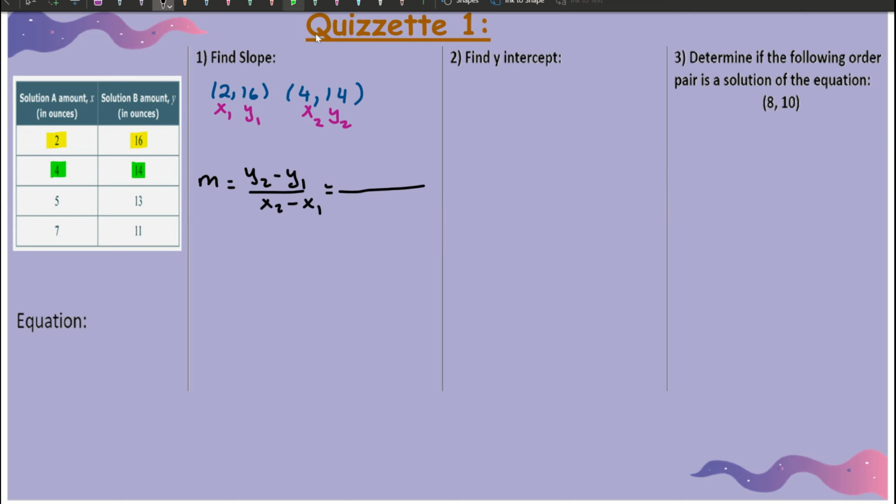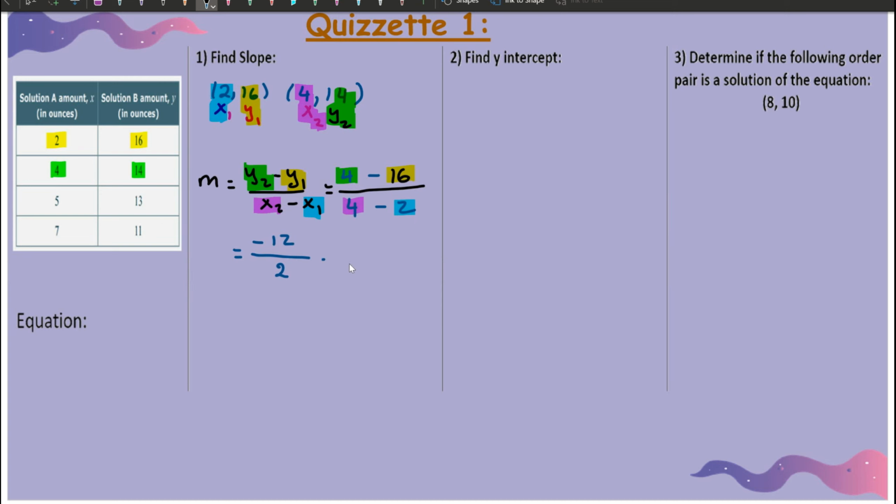Then we plug in the information one by one. y2 is 4, minus y1, which is 16, so that will be 4 minus 16. x2 will be 4, minus x1, which is 2. Then we work it out. 4 minus 16 gives you negative 12. 4 minus 2 gives you 2.